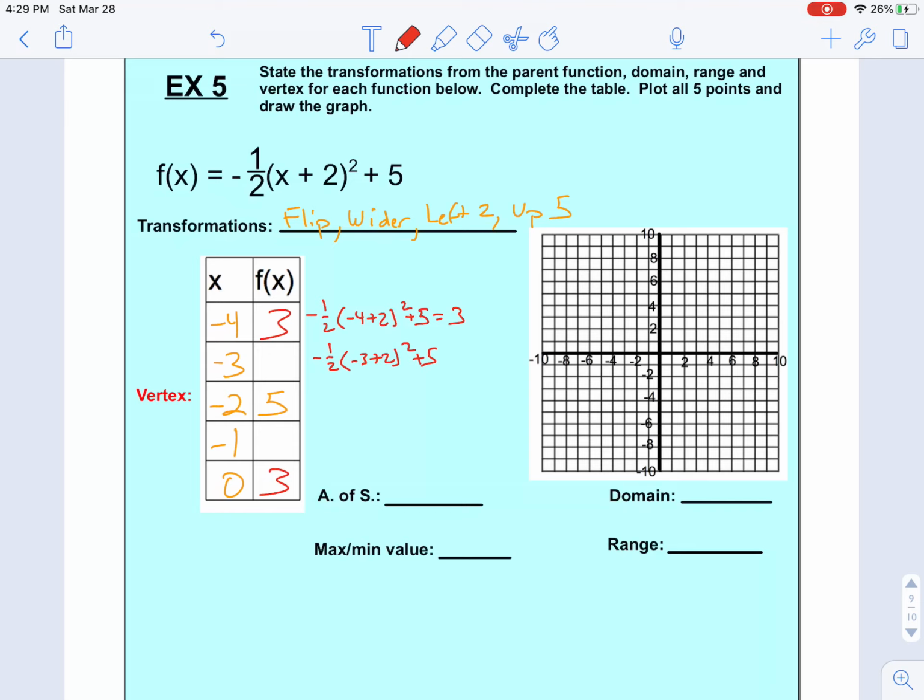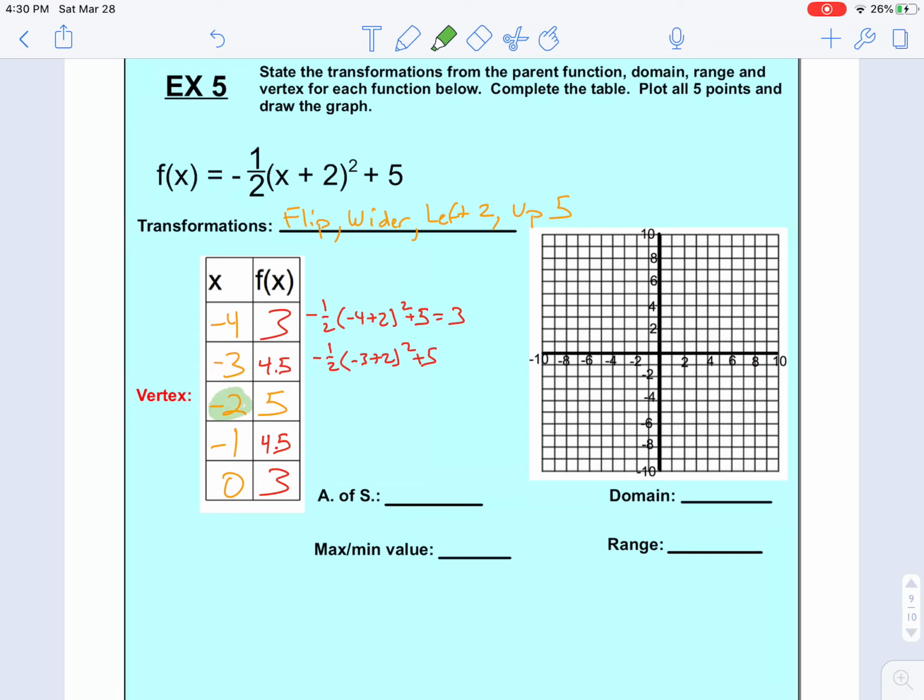So that must be 3 as well. Okay, and -3 plus 2 is -1. Squared it is 1. -1/2 times 1 is -1/2 plus 5, 4.5. 4.5. All right.